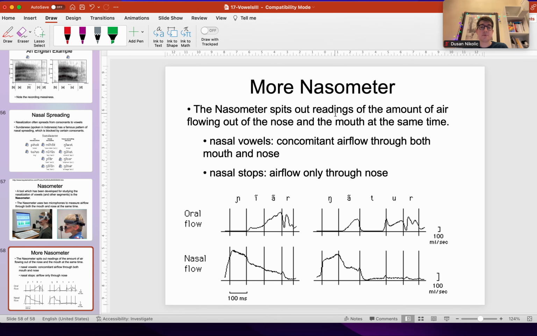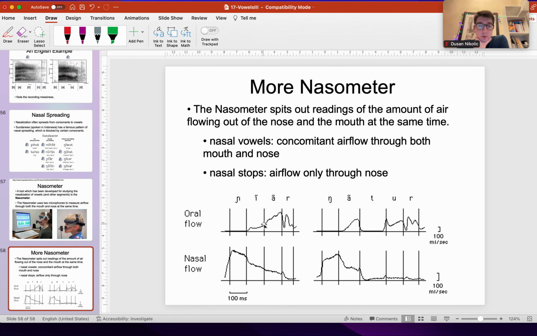For example, the nasometer spits out readings of the amount of air flowing out of the nose and the mouth at the same time. With nasal vowels, the concomitant airflow through both mouth and nose is present, and with nasal stops, airflow goes only through the nose, right?